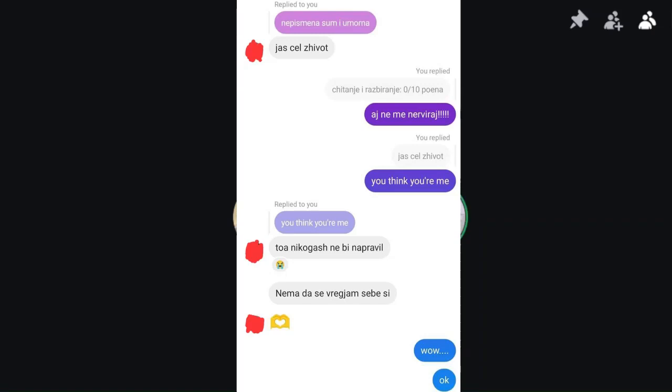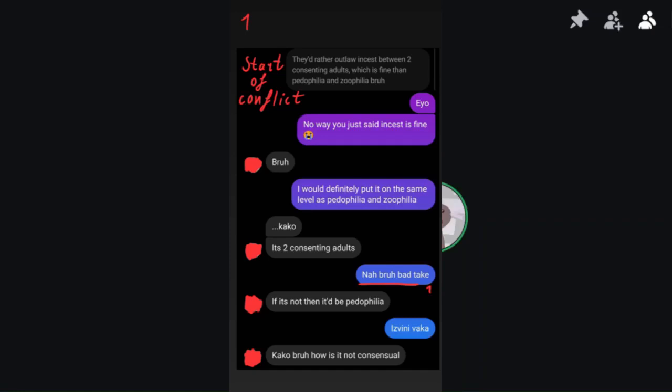However, I have another quite different example of an Instagram conversation between, again, two friends, male and female, age 21. This time it's on a much more serious topic, the morality of incest.